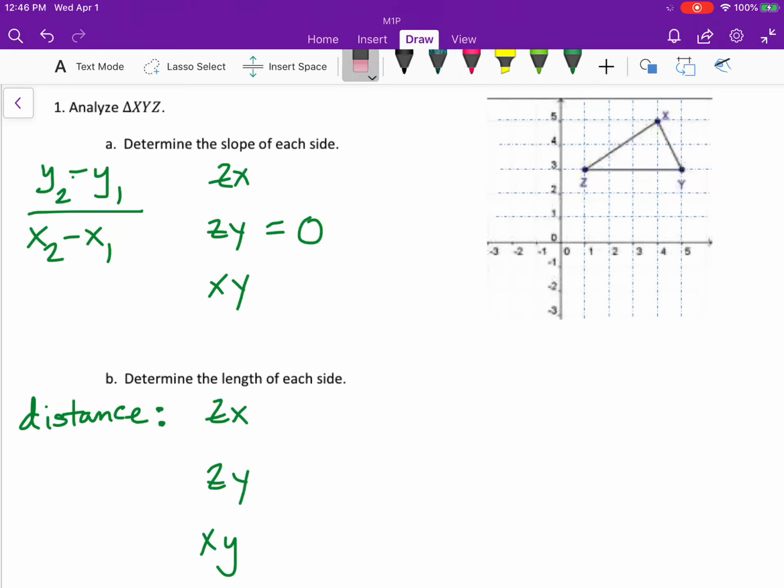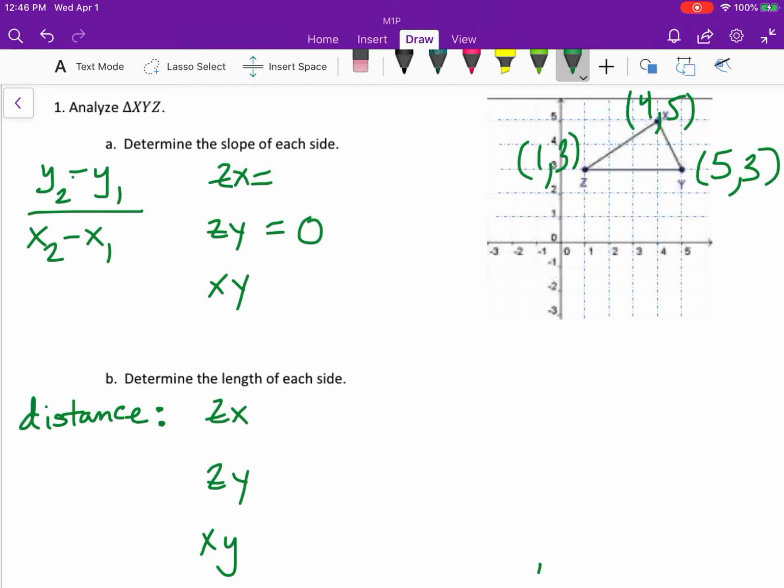So if I need the slope of ZX, okay, I know Z is the point (1, 3). X is the point (4, 5). Y is the point (5, 3).